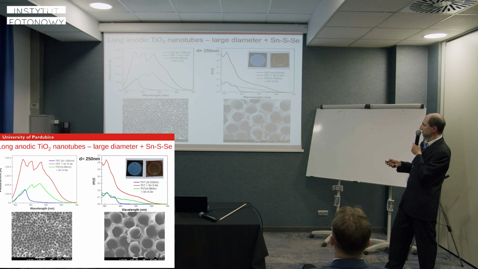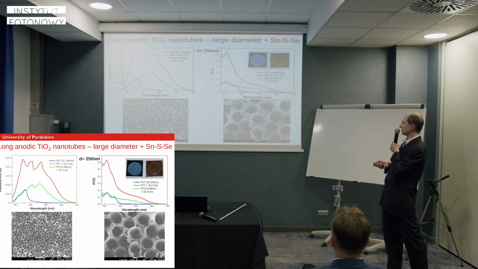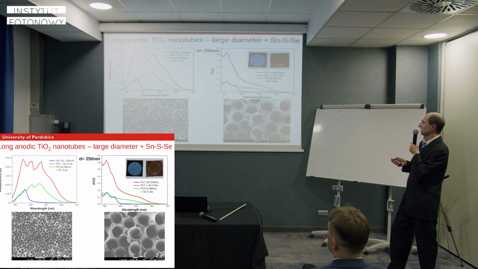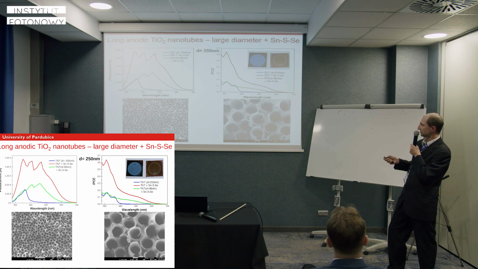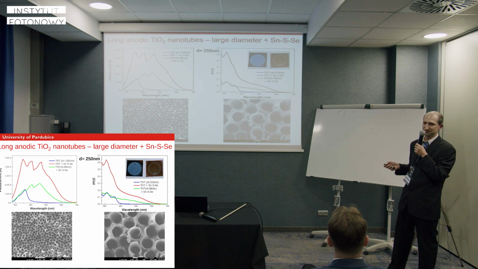And here you can see the IPCE values versus wavelength. The blue is the blank structure, and the red curve is the modified titanium nanotubes. Well, this is practically the same story: we improved the response in the UV light. In the visible light, it's a little bit better than before, of course, but still we're not satisfied.